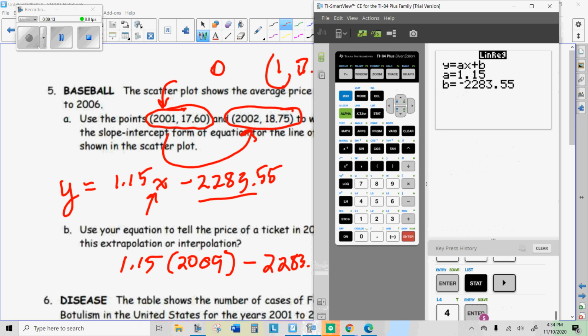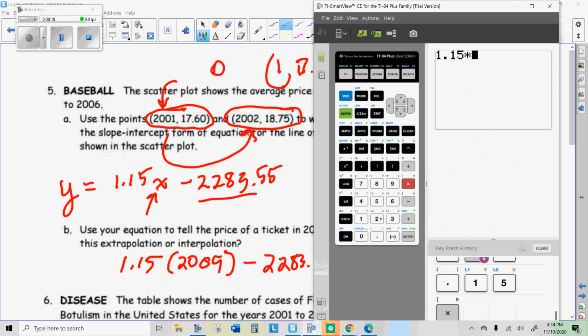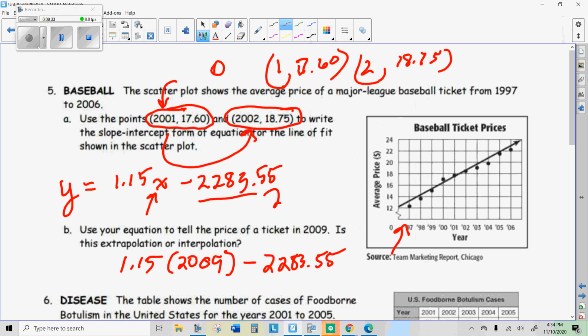So we're going to do 1.15 times 2009 minus 2283.55, enter, and so it's about $26.80 for a ticket prediction for the year 2009.